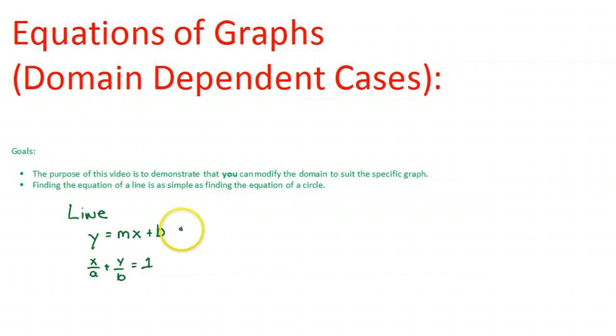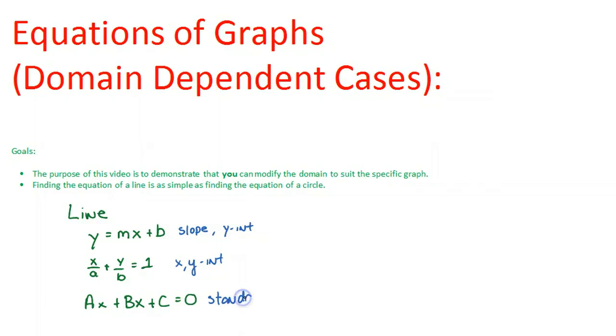The reason why I like to encourage students to remember the names is because the names tell you what pieces of information you need. And the third form is standard form. And standard form is really not that useful for graphing, but it is good to be aware of it nonetheless.